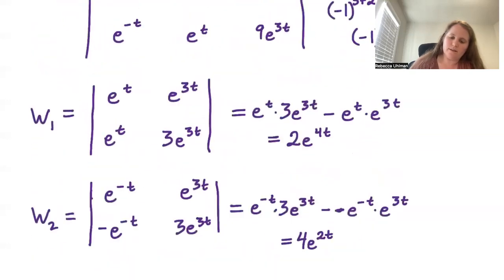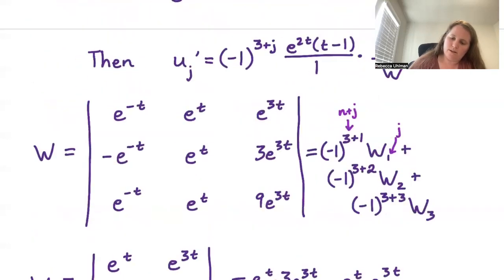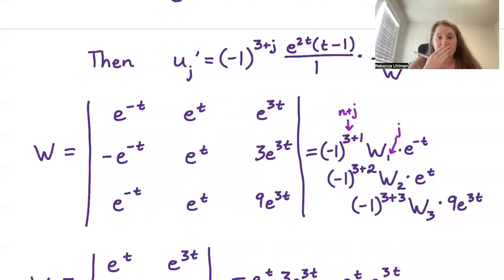Oh, sorry, I forgot. We also should have what is in that spot. So we would have W1 times e to the -t, W2 times e to the t, and W3 times 9e to the 3t in our formulas, right?